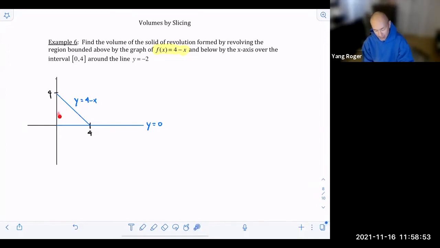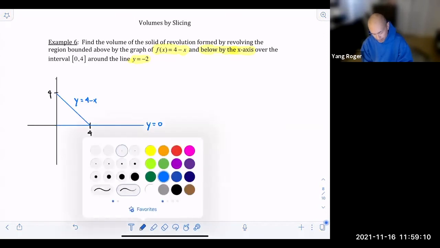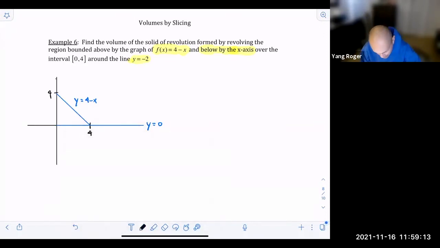So I have this 0 to 4 here. But this part's important. They say we're going about the line y equal to -2. So if I took the y value of -2, that's about here.